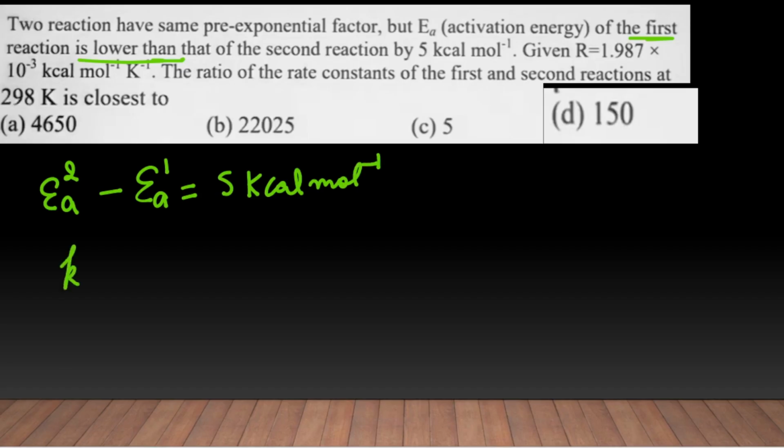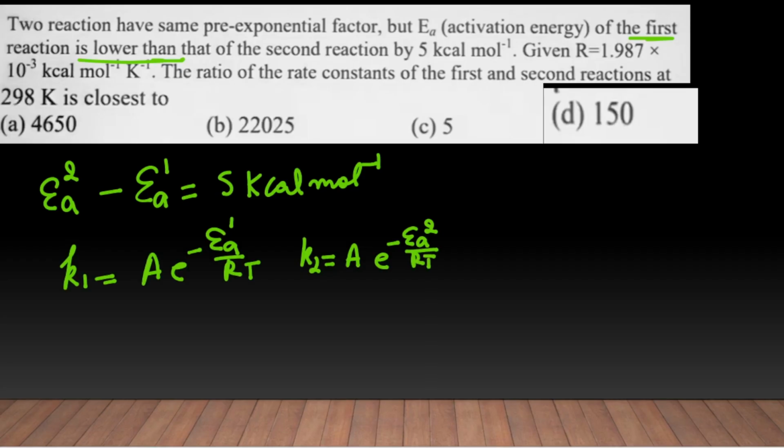How can we write the rate expressions? K1 will be A times e raised to the power of minus EA1 upon RT, and the rate constant K2 will be equal to the same pre-exponential, A into e raised to the power of minus EA2 upon RT. They are asking for the ratio of the rate constants of the first and the second reaction, that means K1 upon K2 is being asked.